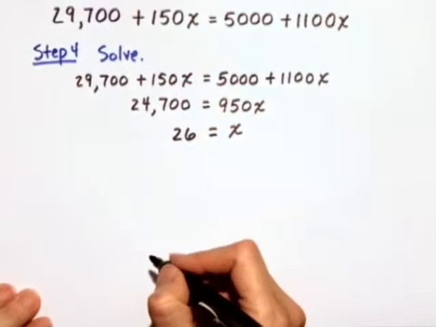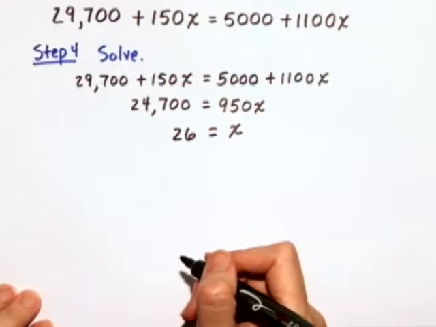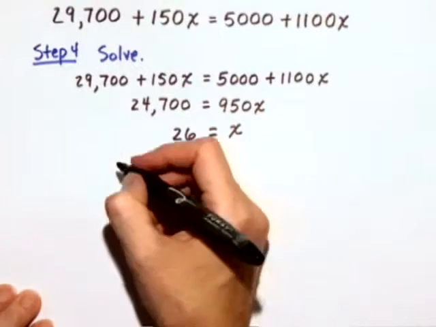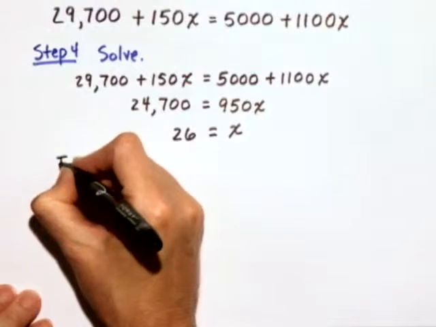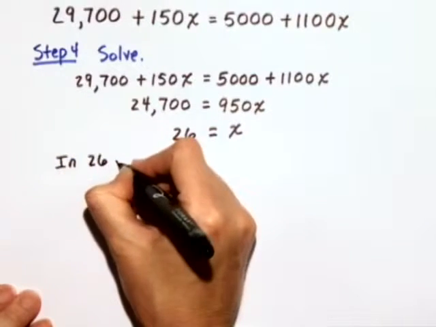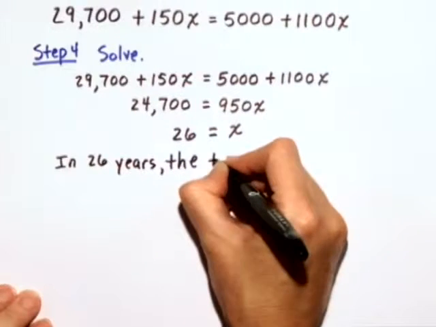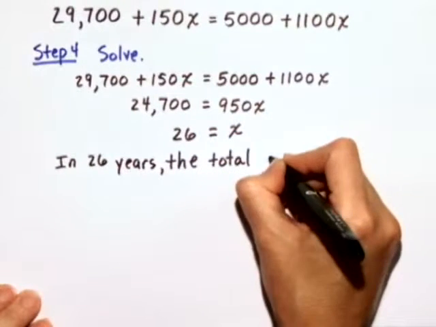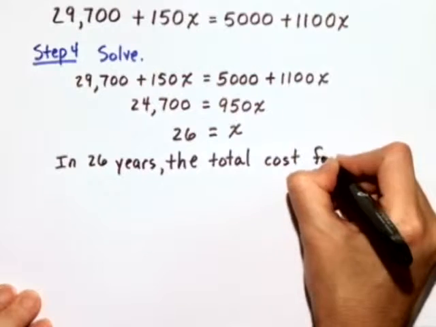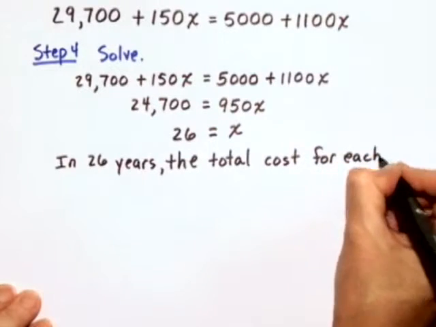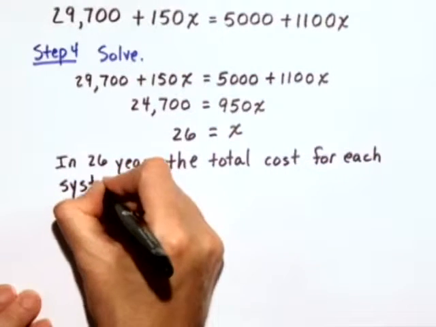Now remember, x was the number of years for the total cost to be the same. So in other words, we can say in 26 years, the total cost for each system will be the same.